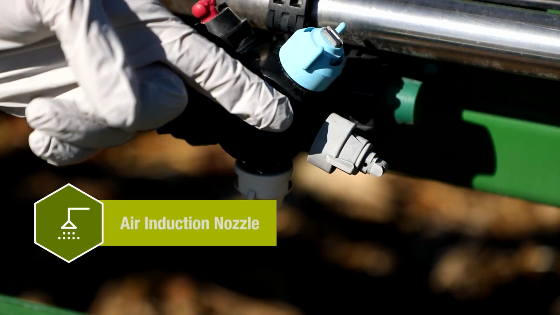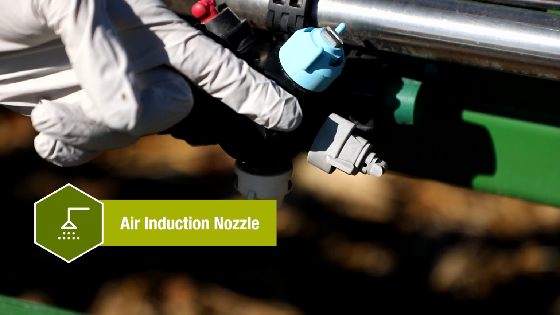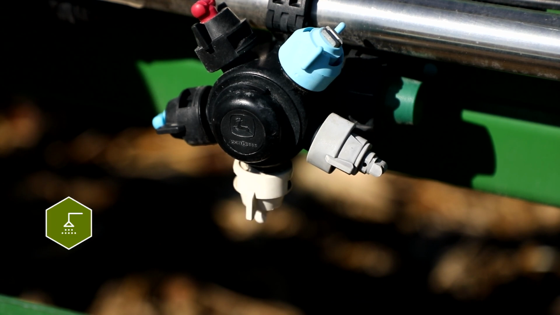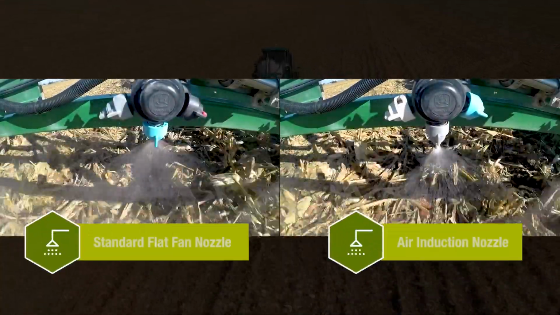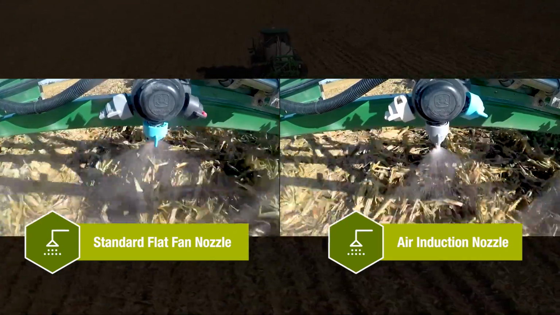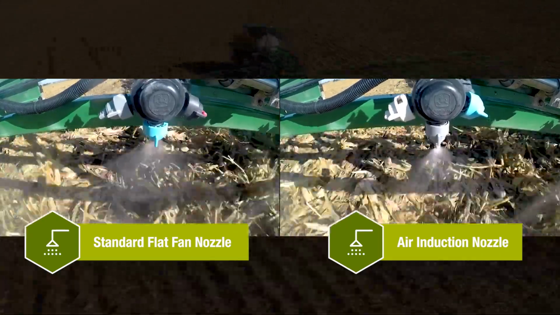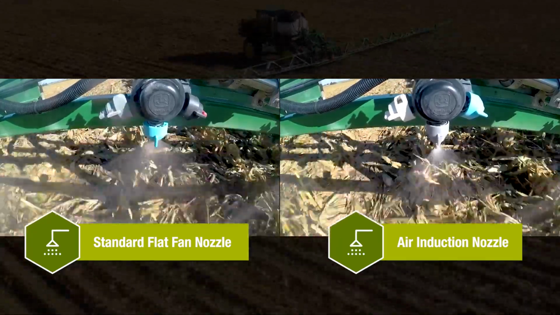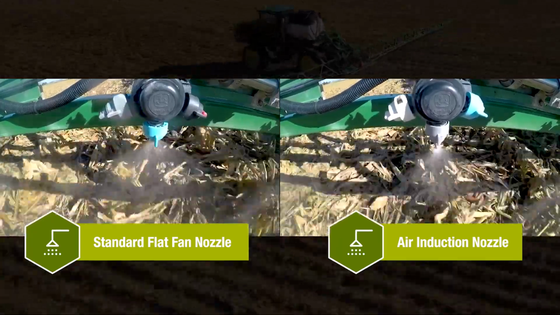So these air induction nozzles, like this here, incorporate an air port on the side of the nozzle body, and air is drawn in through that air port into the mixing chamber, which is within the body of the nozzle. And that action of the air mixing with the liquid from the tank mix creates a lot of turbulence.